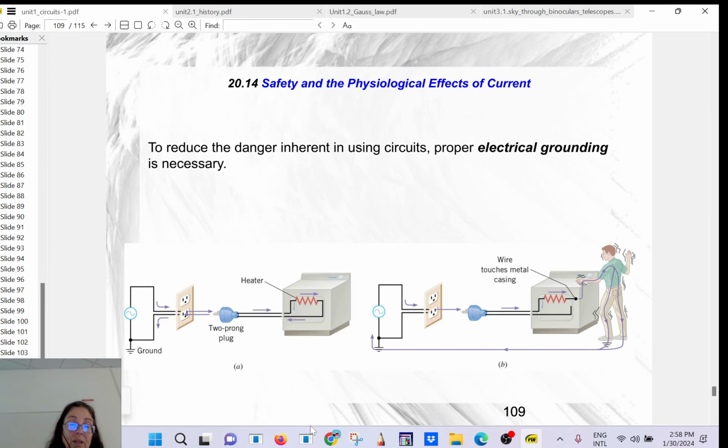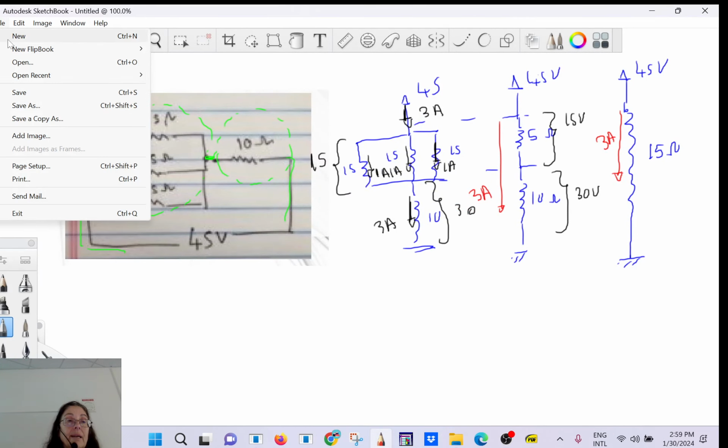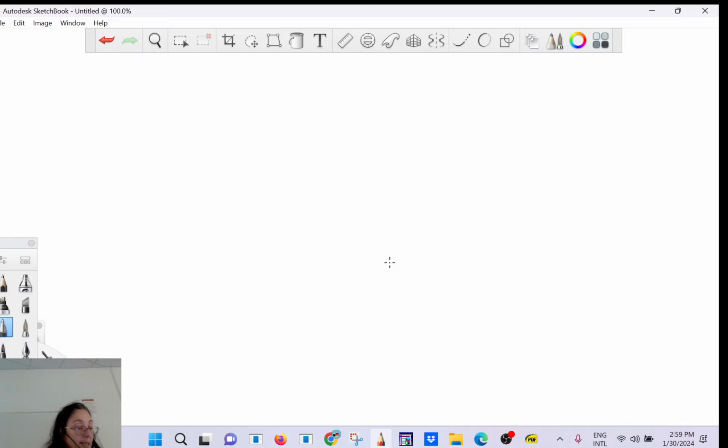So let me take one more example from your homework. If you have something like this, well, I don't know, I have to go back to the homework, but if you have something like this, you have 10 ohms here, and then you have a branch, 20, and then you have 20.